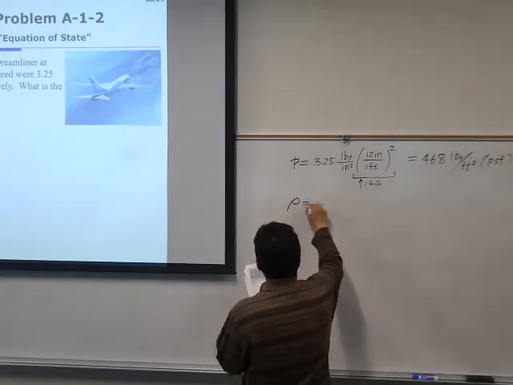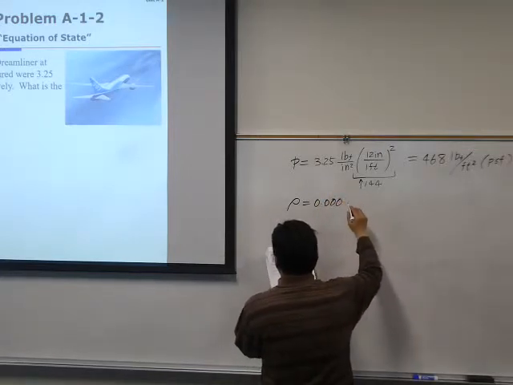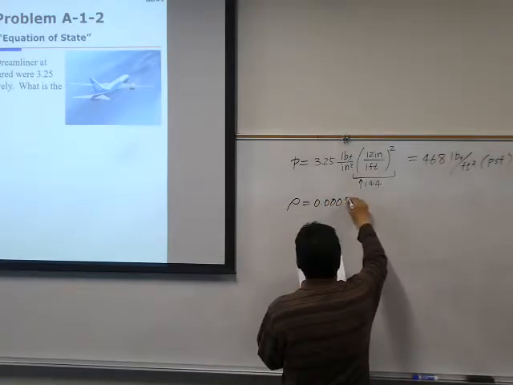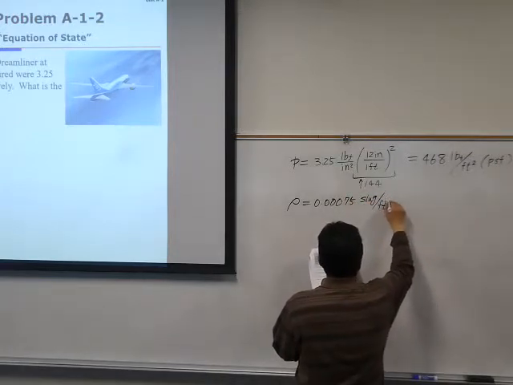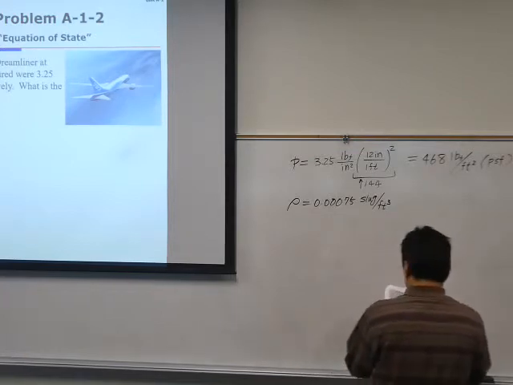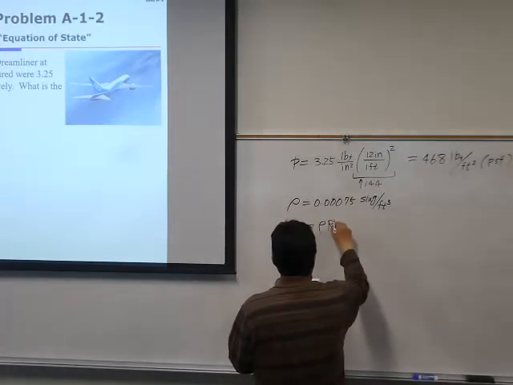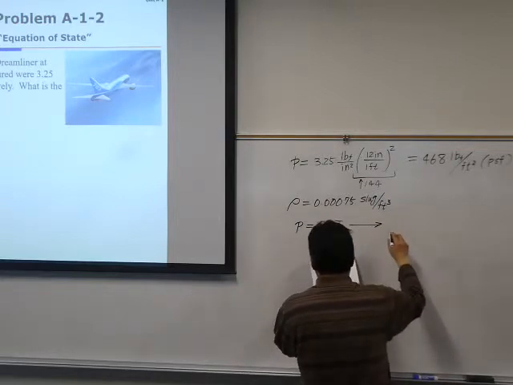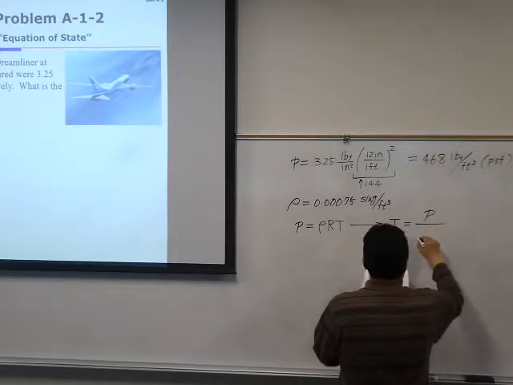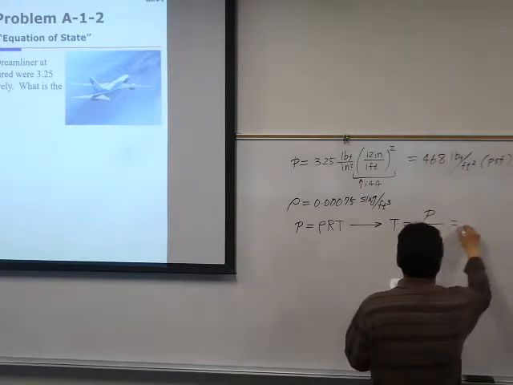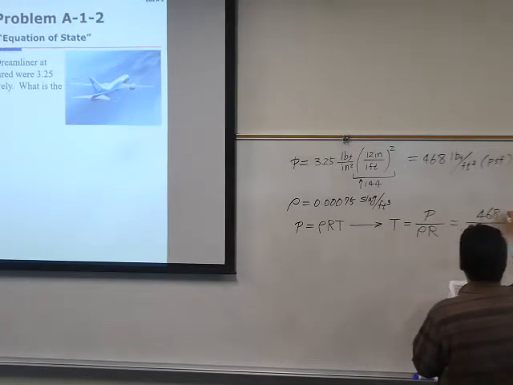Density is given 0.00075 slug per cubic feet. This is a standard unit. So we're going to plug into P equal to rho RT. We are going to find out temperature. Temperature is equal to P over rho R. Pressure is 468.